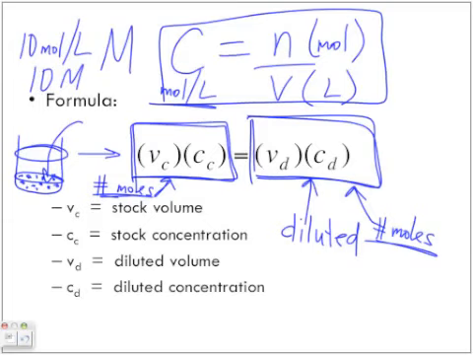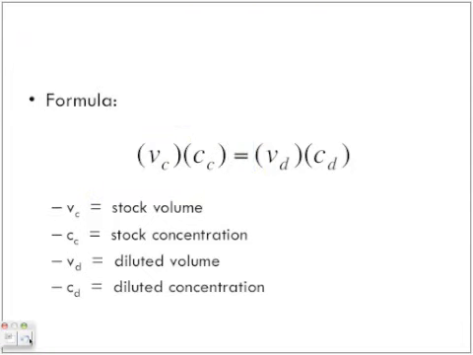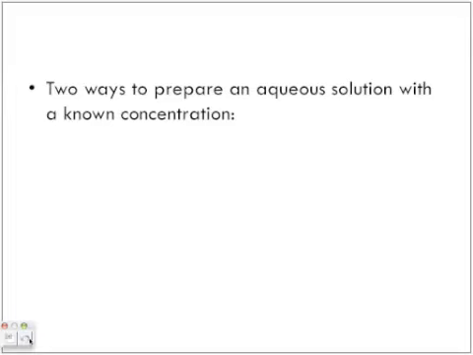We're combining the equation that we've learned already for molarity with this, because we're taking the concentration of our original solution and diluting it, and figuring out how much we're going to have of that. So there are 2 ways to prepare an aqueous solution with a known concentration.